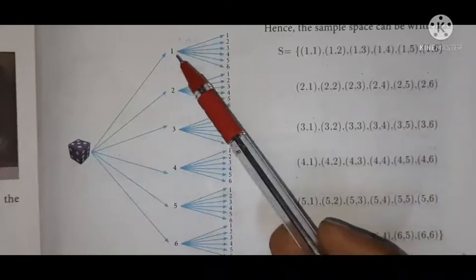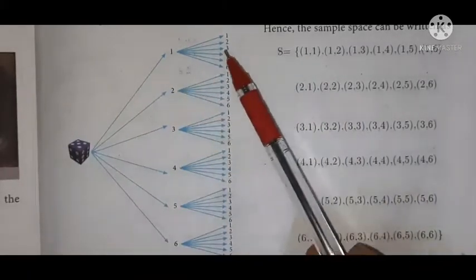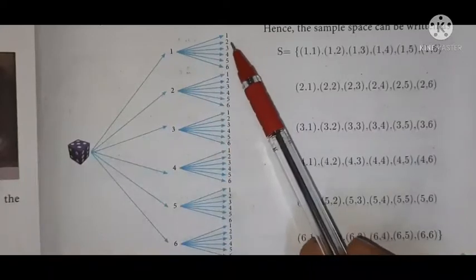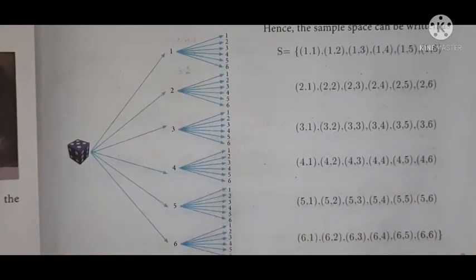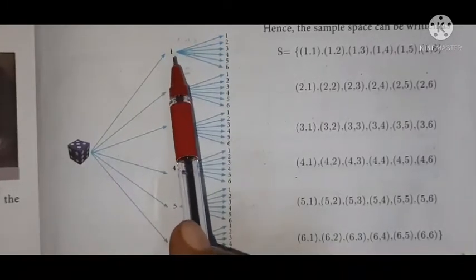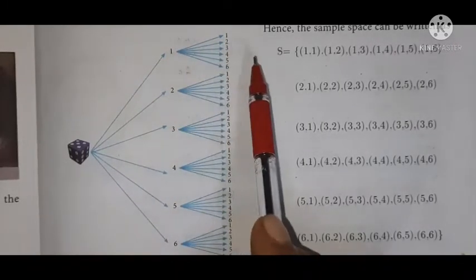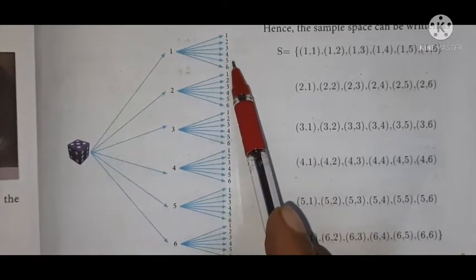The first die has numbers 1 to 6, and the second die also has 1 to 6. The outcomes are: the first die is 1, and suppose you take the second die from the 6 numbers, any one of them.